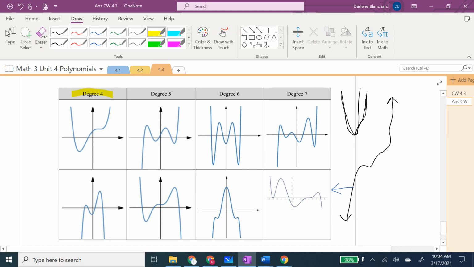Even degree, either both ends go up or both ends go down. Same thing. But an odd degree, the two ends go in opposite directions, doing disco.